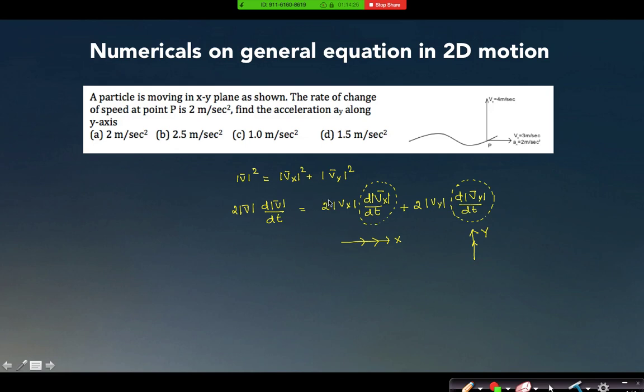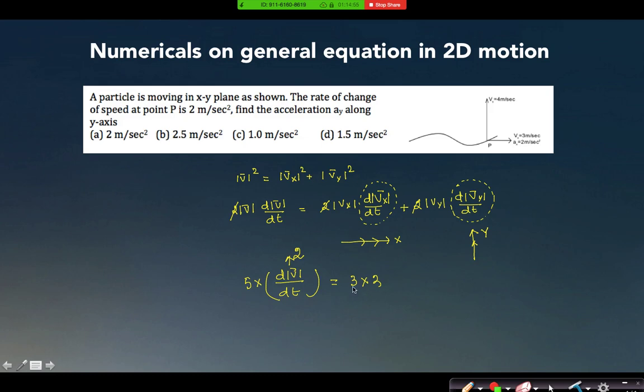So now I will just put their values, which are given in your question. What is mod v? Can you calculate just from this given expression? Vx is 3, vy is 4, so mod v is equal to 5. I need to find dvy by dt. What is vx? Given 3. What is dvx by dt? Given 2. And dv by dt is also given 2.